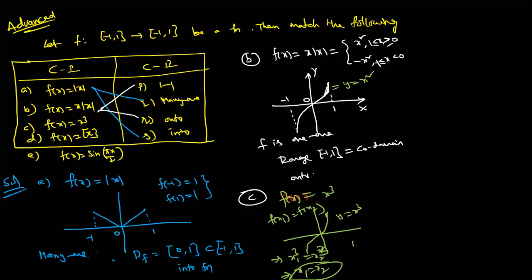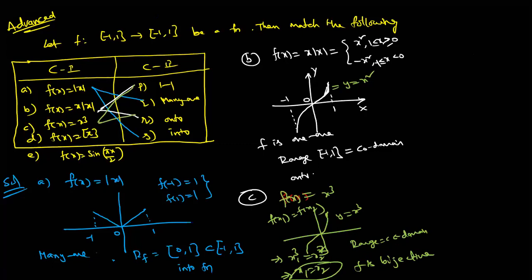The range is equal to codomain. Put some values: x = 1 gives 1, x = -1 gives -1, 0 gives 0. So f is bijective. Bijective means one-one and onto. See the graph carefully.